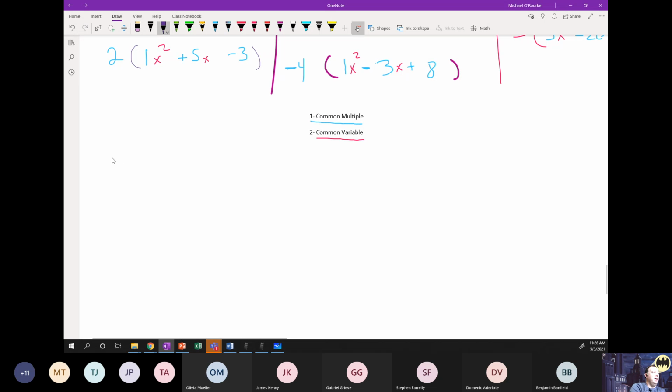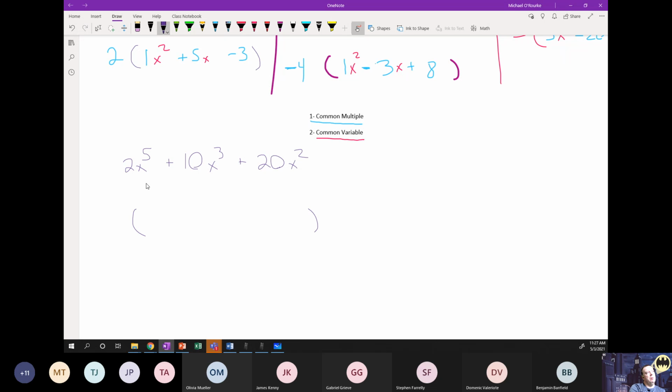Let's go with 2x^5 plus 10x^3 plus 20x^2. Okay, first things first. I guess I should put a 1 here that says negative first.